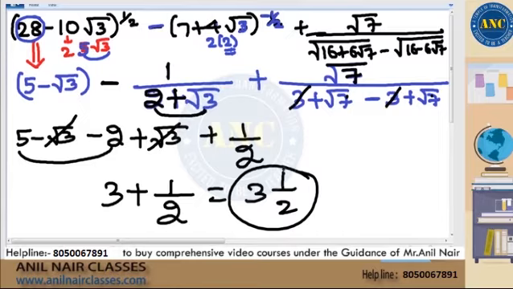Answer is 3 1 by 2 or 7 by 2. I hope the idea is clear, sir. Intention is to teach you multiple varieties so that it should not be a difficulty for you.